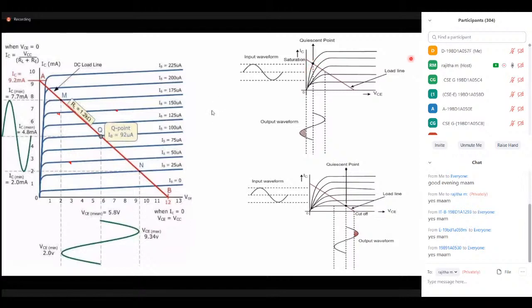Then only it is amplified. Otherwise, it can't be amplified to the required voltage strength. It is like a transparent latch, where the same amount of input is transferred to the output with the same signal strength.